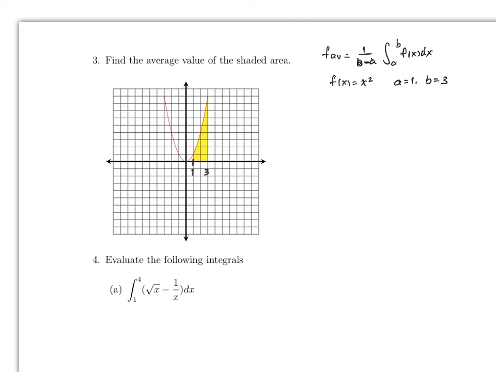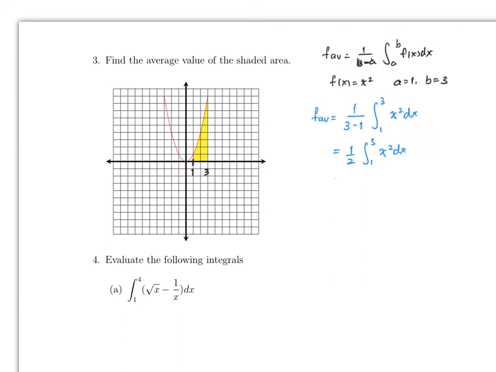Okay. So therefore, the average value of this area is going to be 1 over 3 minus 1, times the integral from 1 to 3 of x squared dx, which is 1/2 the integral from 1 to 3 of x squared dx.